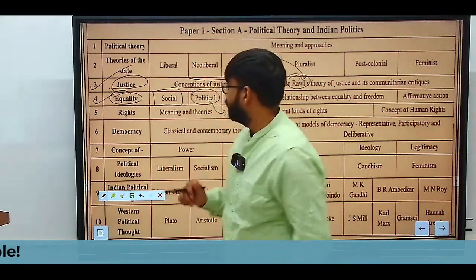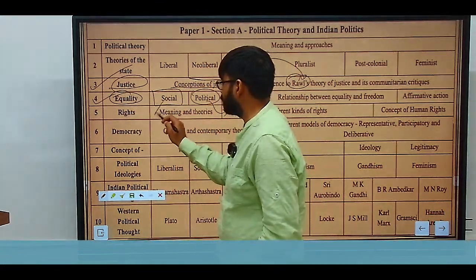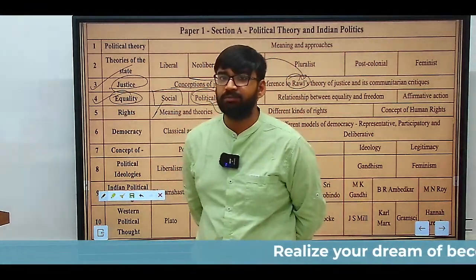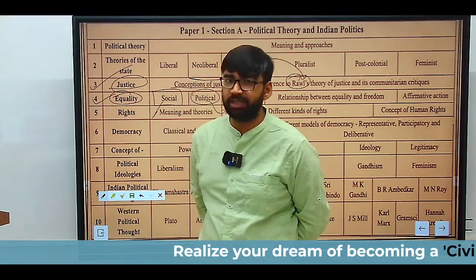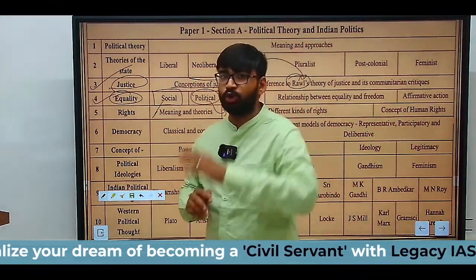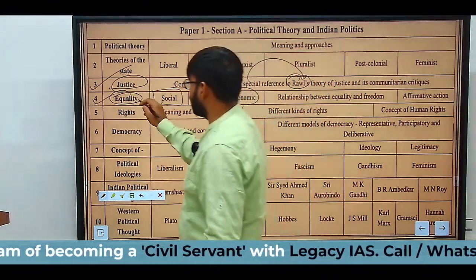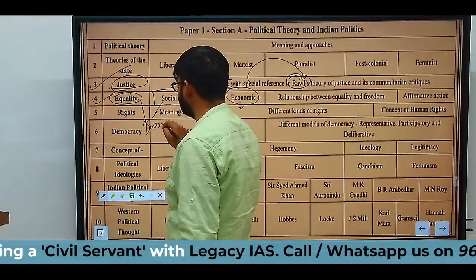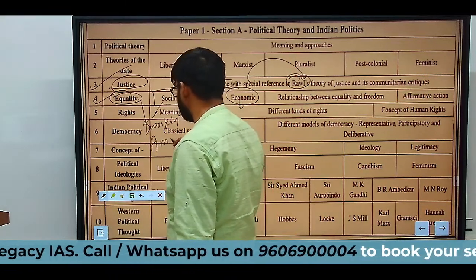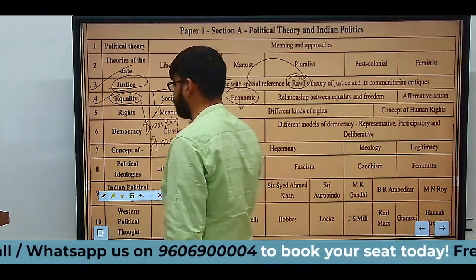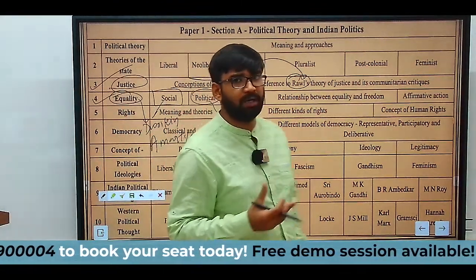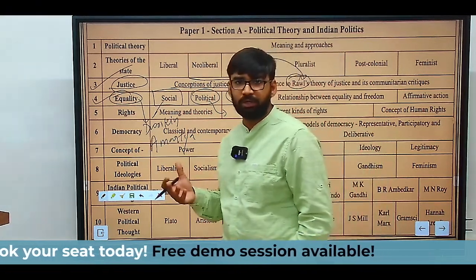Social equality means redistribution of resources, equal distribution of resources. In terms of justice, John Rawls is important. In terms of equality, Dworkin's theory, Dworkin is the name of the scholar, and Amartya Sen is also very important, because Amartya Sen talks about equality of resources, outcomes and all.